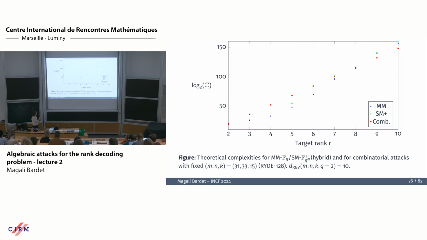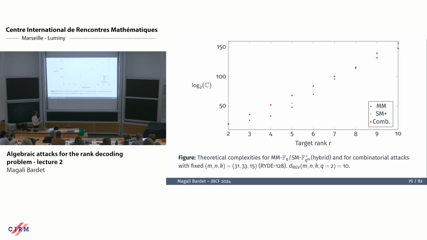So you see that when the rank is large, we are worse than the best combinatorial attack because our hybrid attack is just a naive combinatorial attack times an efficient algebraic approach. So when all the complexity concentrates on the algebraic and the combinatorial part, as we are not efficient, it's clear that we will be worse.